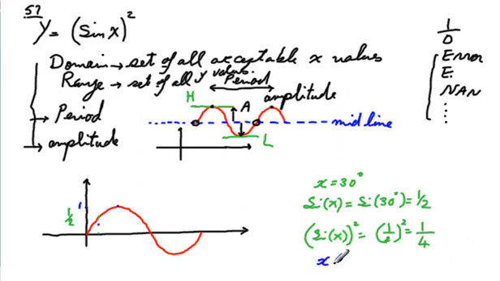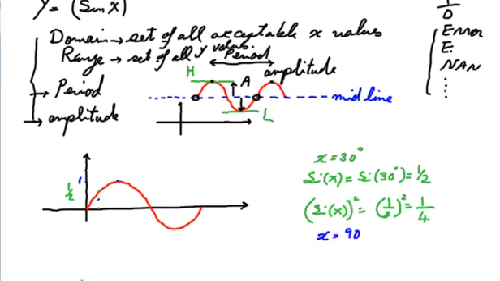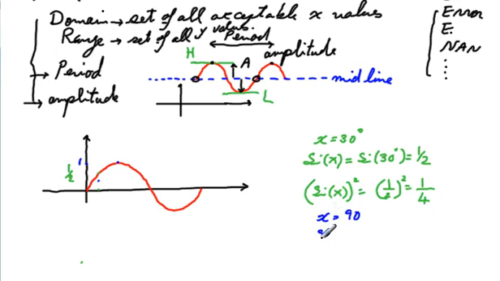Here's the issue: at x equal to 90, sine of x is sine of 90, which is just 1. Now if I take that and square that one, I get just 1. So here are some points. This point goes here, this point goes here. Down here I realize that the red curve is getting squished.